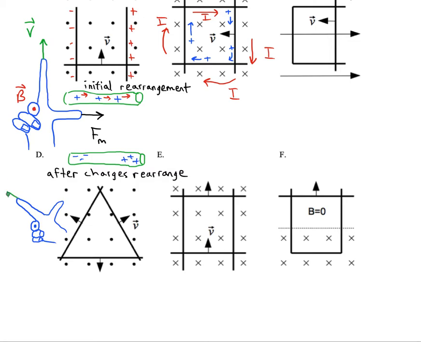The velocity of the bar is toward the upper left. The B field is out of the page. Therefore, positive charges will feel a magnetic force that's directed up.